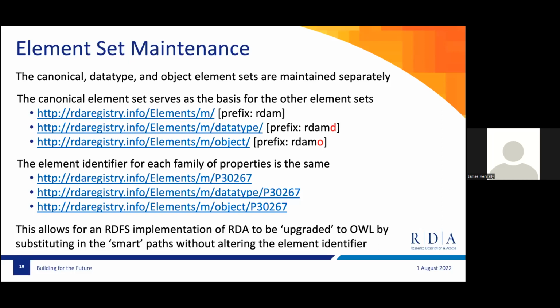The reason we do this is that it allows an RDF schema implementation of RDA to be upgraded to OWL, in part, by substituting in the smart paths without altering the element identifier. So this is an easy way to take data where maybe you only use the canonical element set, but you want it to be richer for use in linked open data. So you can identify which properties should be data type properties and which should be object properties.